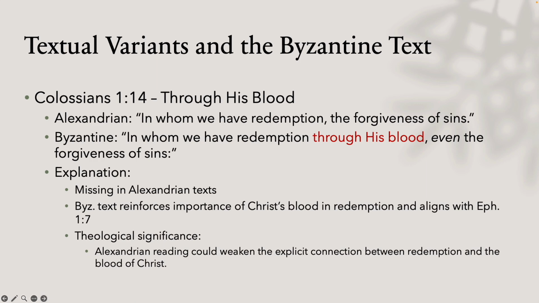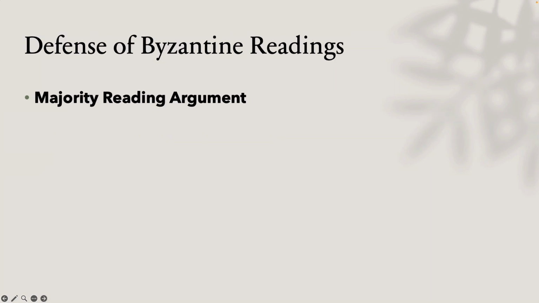Yeah, so those are the main textual variants that we have, and these are the ones that will be argued with people who deal with this, and it goes on still. Okay, so now the other thing is the defense of the Byzantine readings. The first one is the majority reading argument.